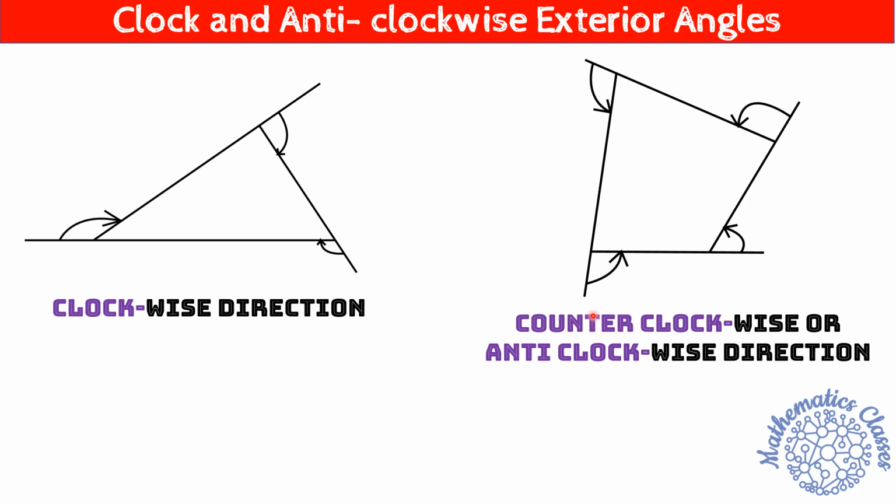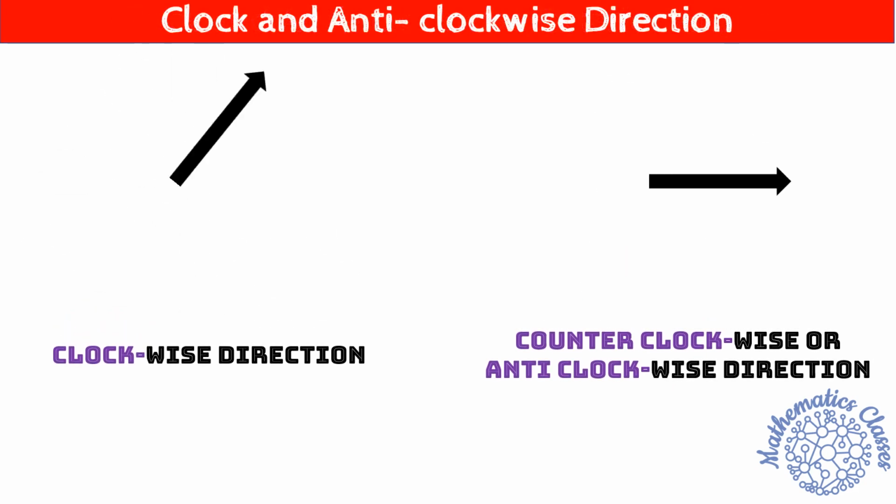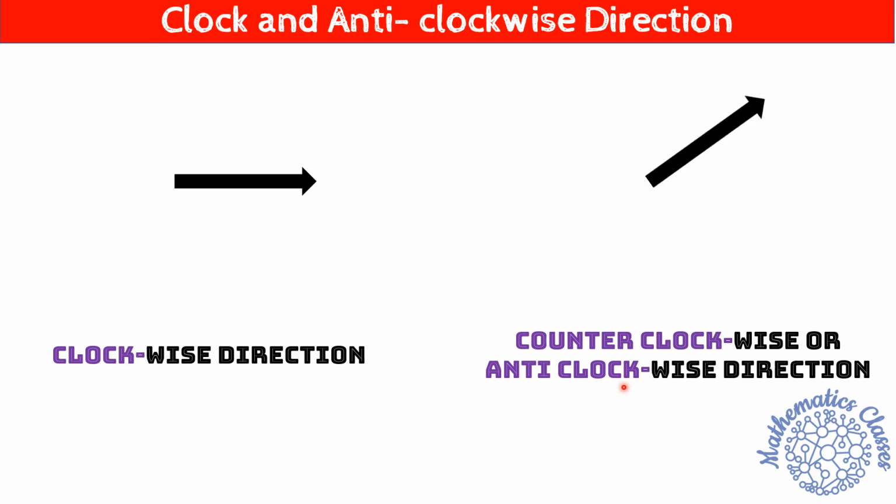We see the direction as going from the extended side to the other side. Clockwise direction is the same direction as a clock's hand moves, and anti-clockwise direction is the opposite direction of the clock hands. However, this does not affect the measurement. You can choose any direction.